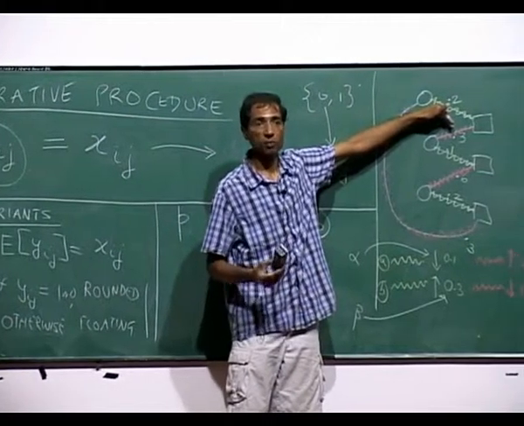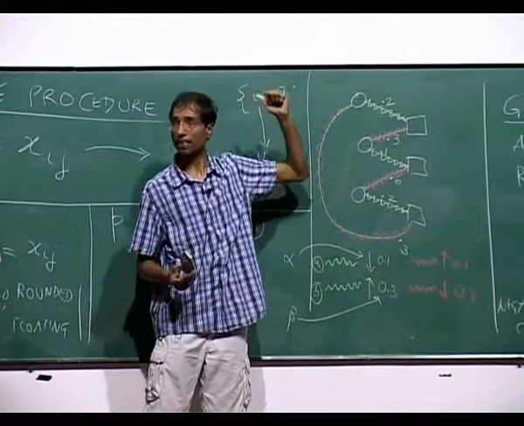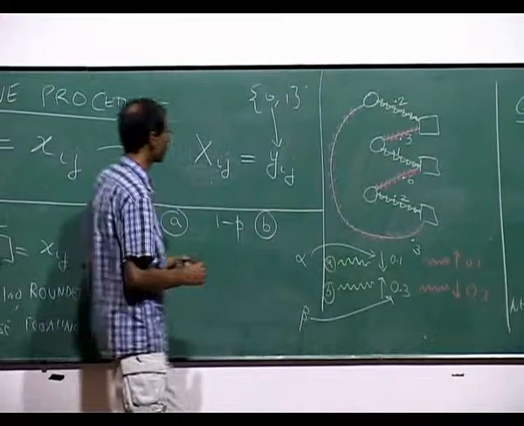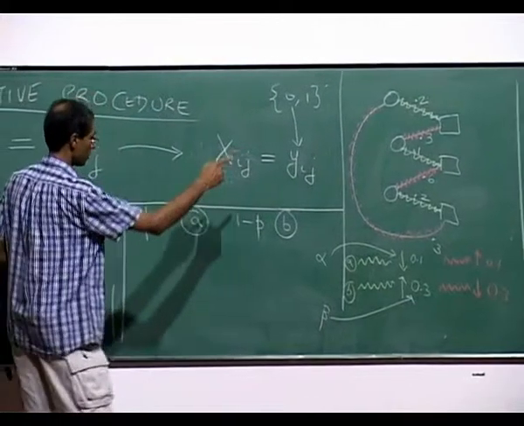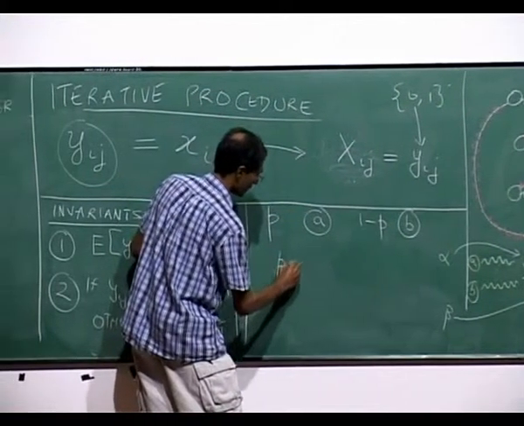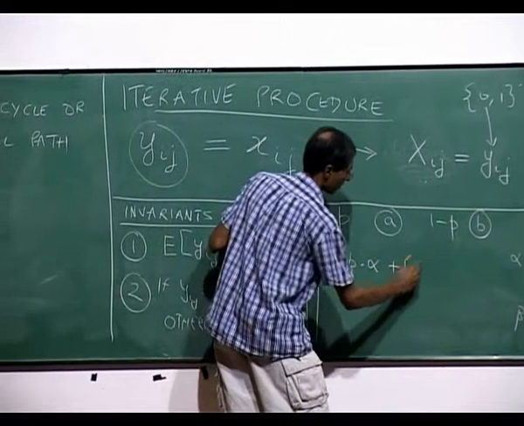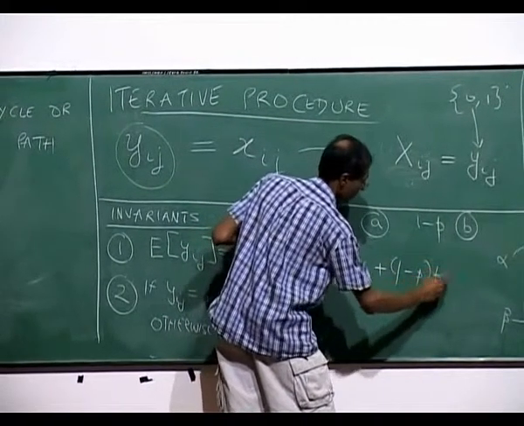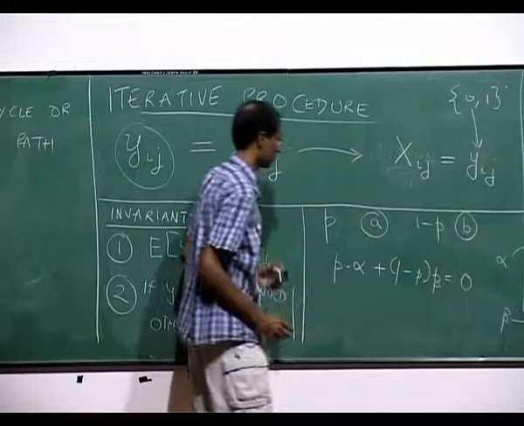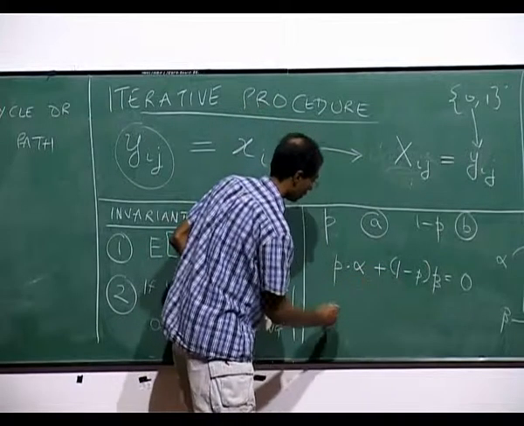I want it to be 0 because I want the eventual expectation to be exactly the same as before. So how do I get the expected change to be 0? Well, I want P times alpha plus 1 minus P times beta equal to 0. So what do you think P will be equal to?